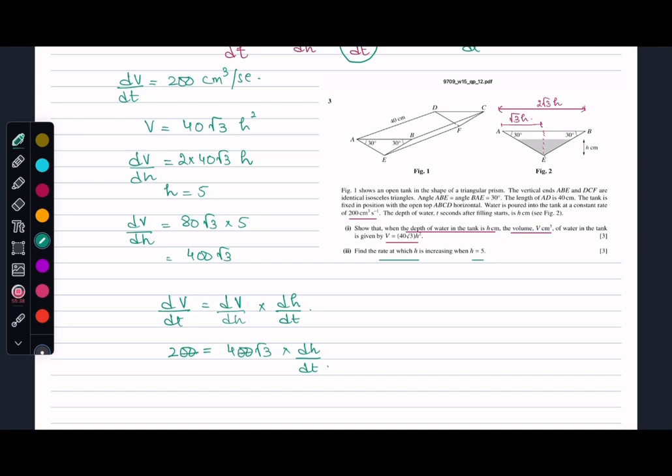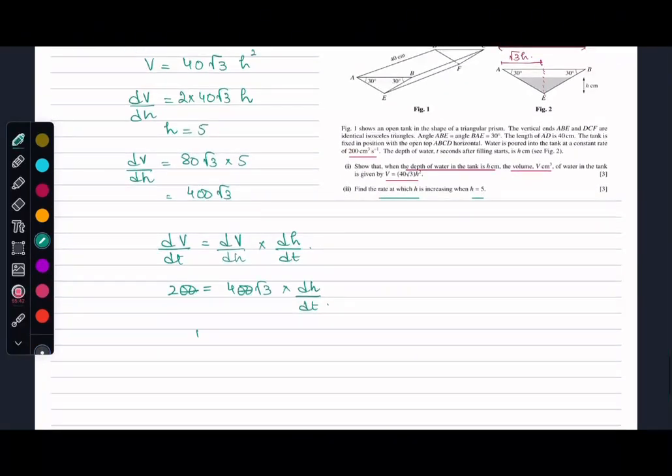Solving, I can simplify the two zeros, and I can say that my dh by dt can be written as 2 divided by 4 square root of 3 units per second, or to solve it further, it's 1 by 2 square root of 3 units per second.